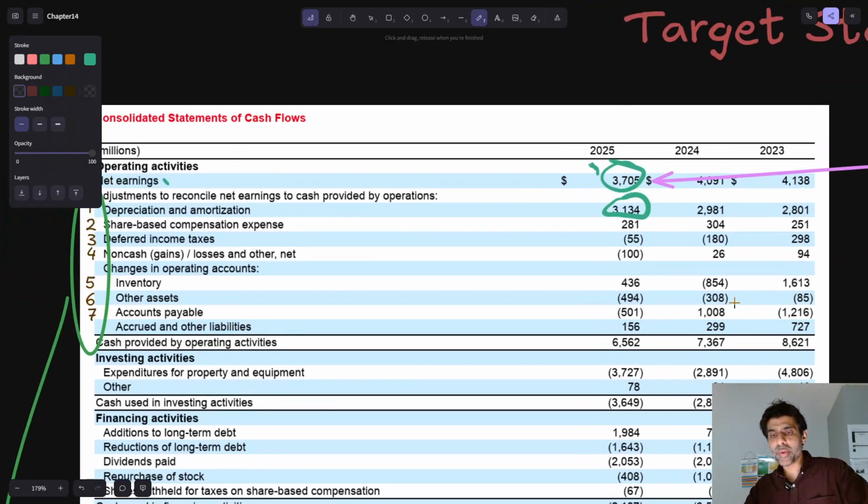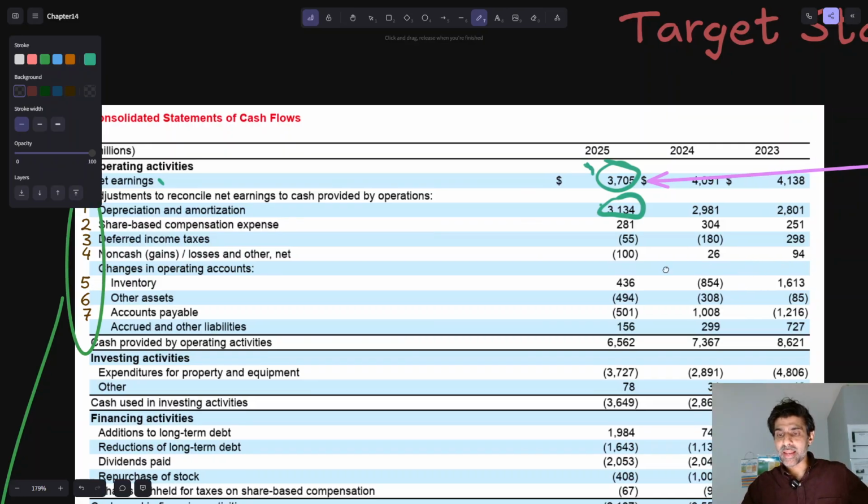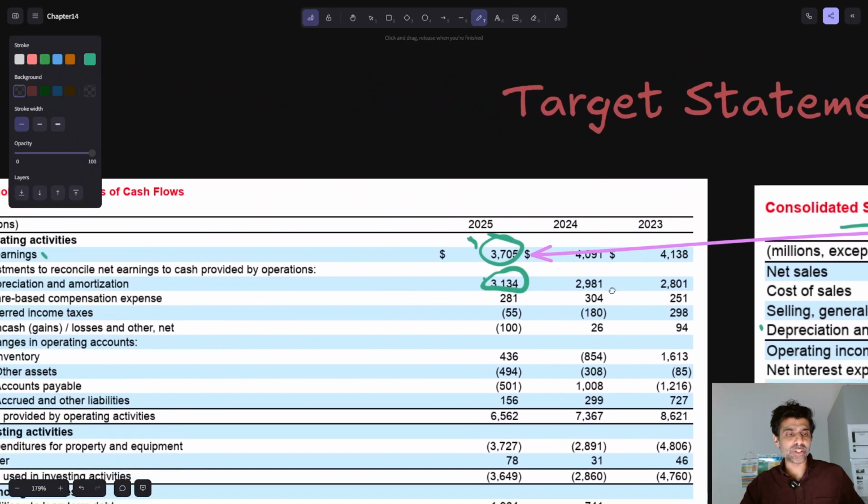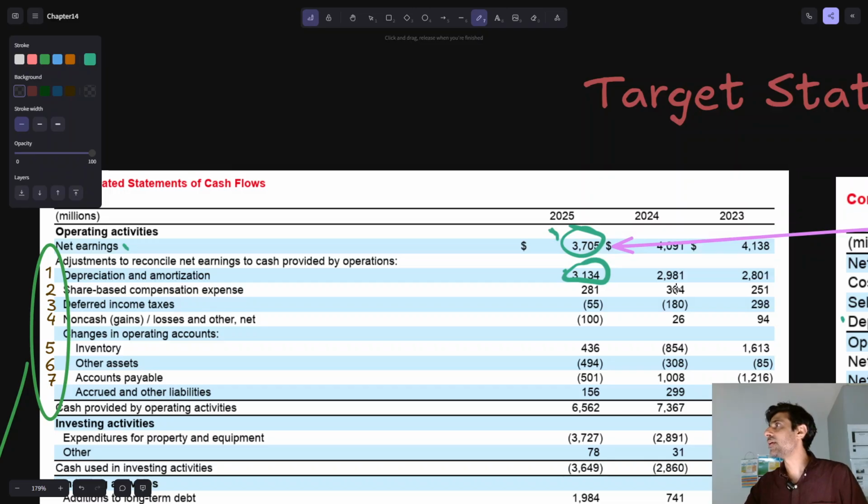This number is definitely related to this. This number is included, but there's also some that's mixed in here, and we don't know the exact amount. We'd have to have access to their full accounting system to see it. So we're kind of trusting that they've done that correctly, and you trust the auditors made sure that that's correct, and they're moving all the depreciation expense as an adjustment here.